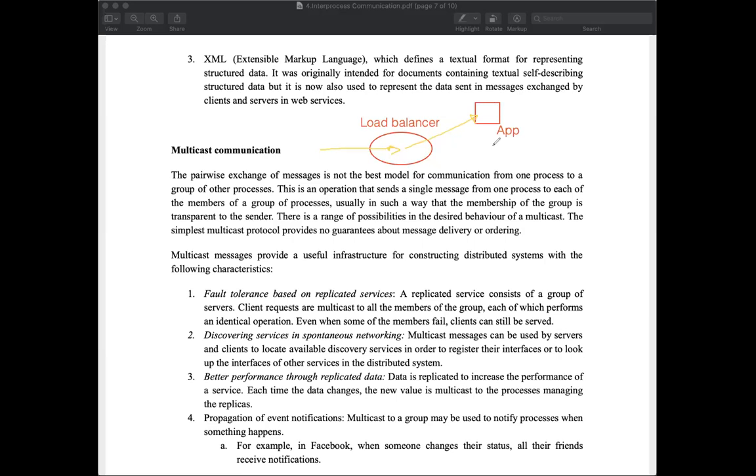Let's assume that in our platform or distributed environment, we have reached the maximum traffic handling capacity. Then eventually we need to set up another replica, another instance of that application, right?